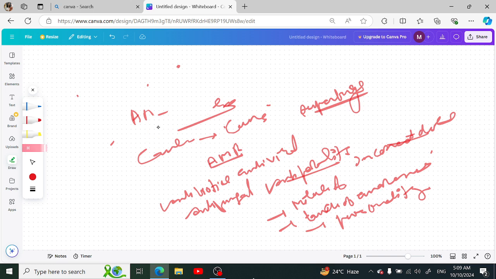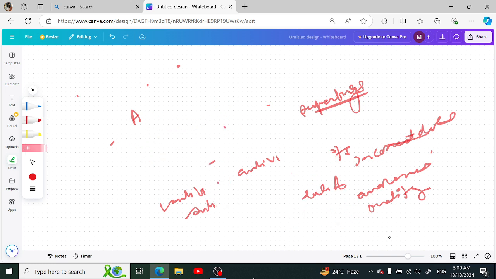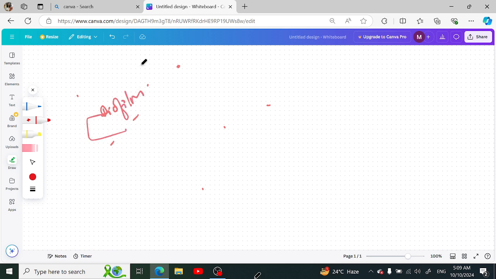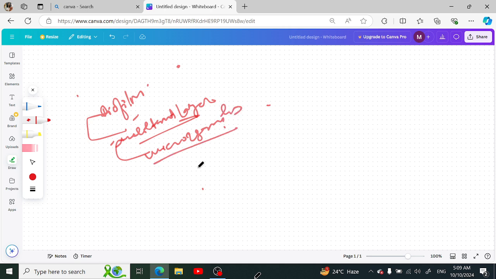Next one is biofilm. So biofilm is a thin, resistant layer of microorganisms that forms and coats various surfaces.